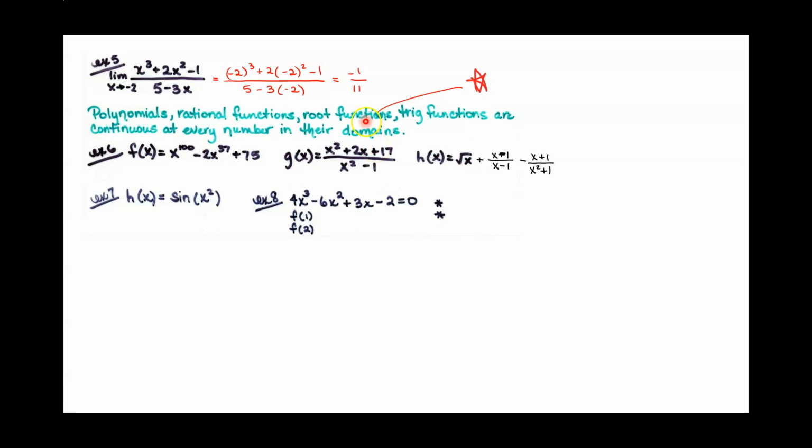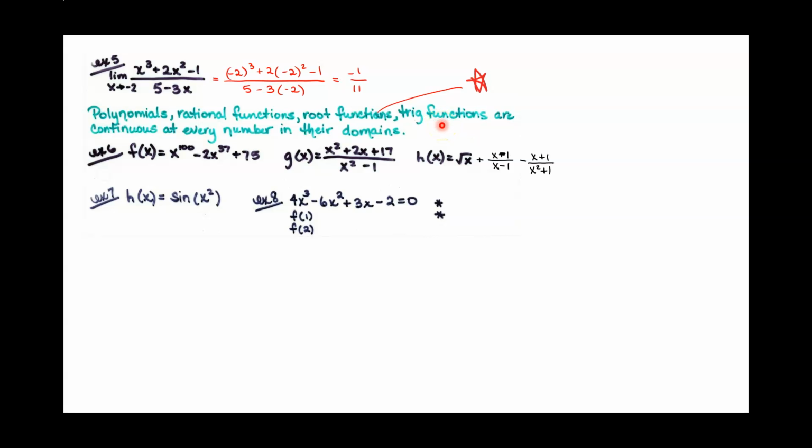Now remember that for the root function, we've talked about before that when you get the square root of 0, the limit is only going to exist from one side or the other. So with a root function, it's going to be continuous from the left or continuous from the right, but not both.